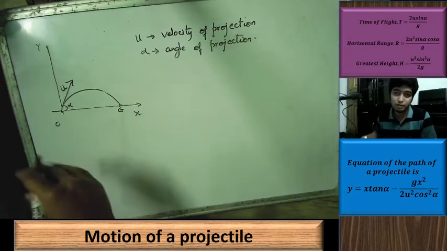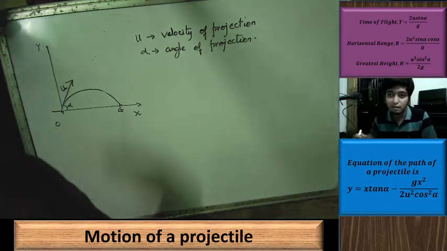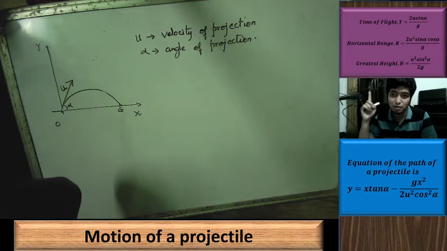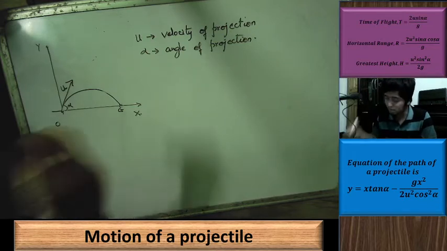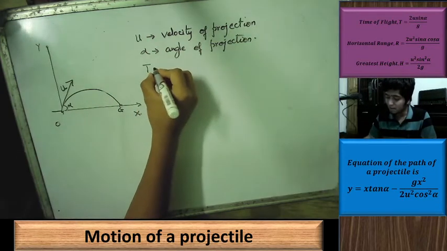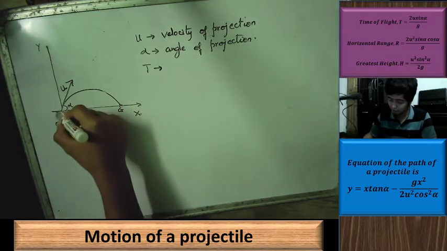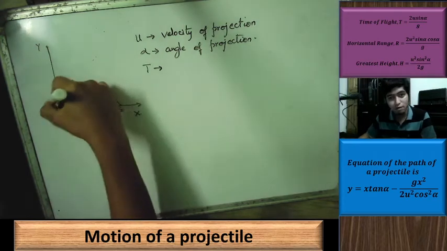What we want to do here is find R, T, and H. As you can see in the purple box above, T is called the time of flight, R is the horizontal range, and H is the greatest height. T, the time of flight, is the time taken from O to G, the time to cover the full motion.